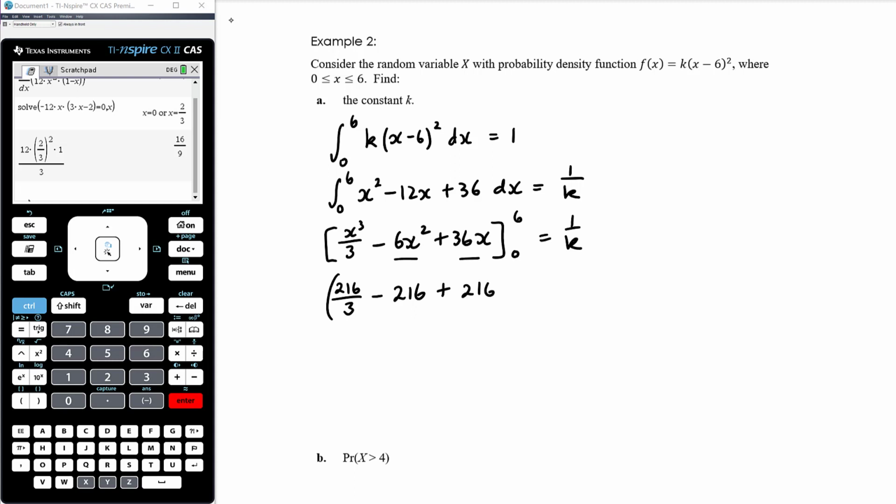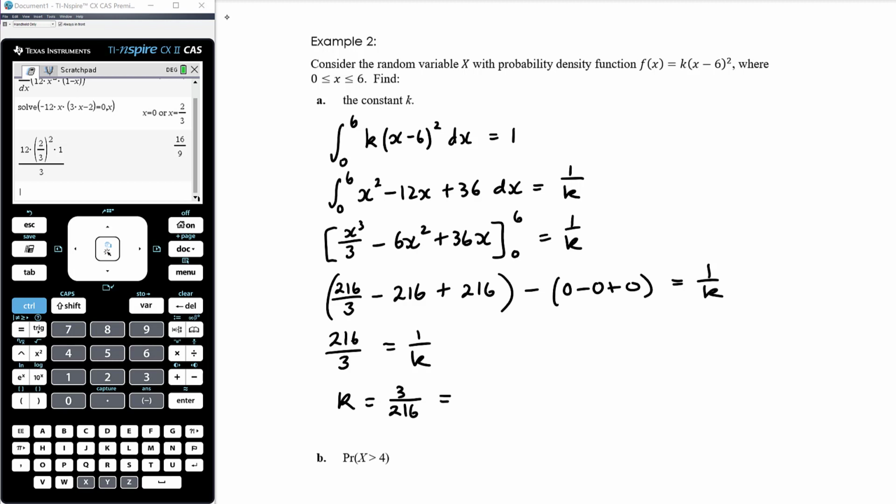They both essentially end up being 6 cubed. Take away, and if we put 0 into that, we'll have all zeros, and that equals 1 on k. Alright, so these are cancelling out, so we've just got 216 on 3 there, and that equals 1 on k, and so taking the reciprocal of both sides, k will equal 3 over 216.